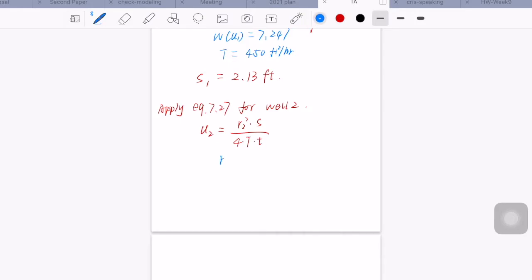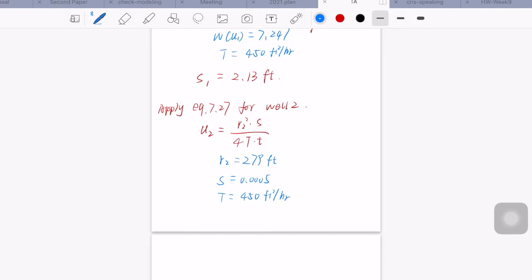And we know that R2 should be equal to 279 feet. S is 0.0005. And T is 450 square feet per hour.